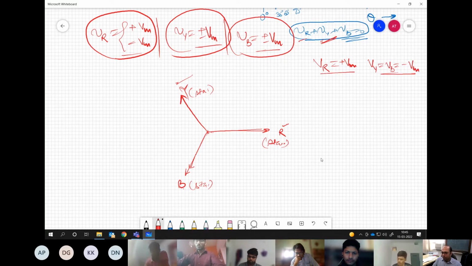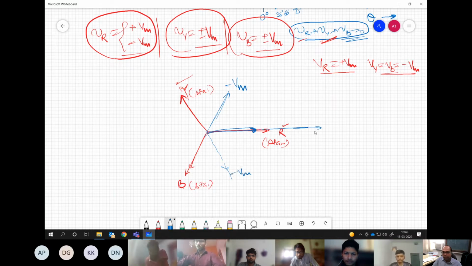So where would my vector be? You can draw on this same axis, Vm along R, and then Y is negative and B is negative, so these come along minus Y and minus B, minus Vm and minus Vm.